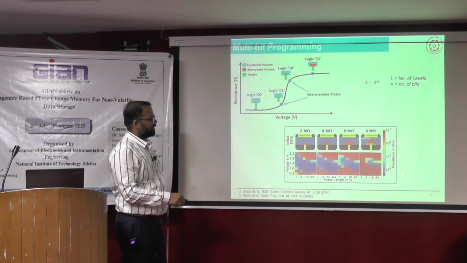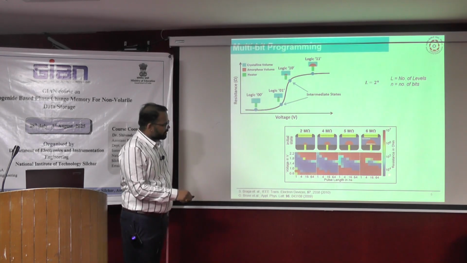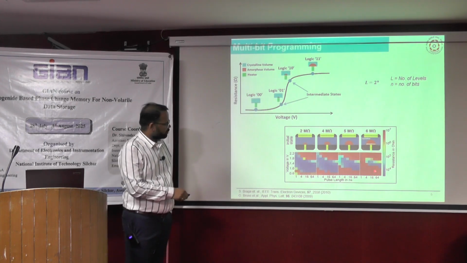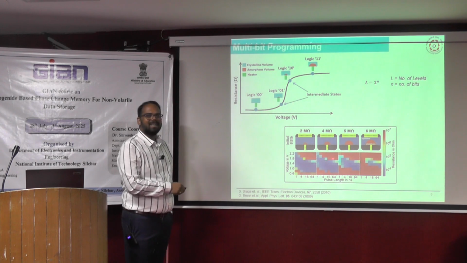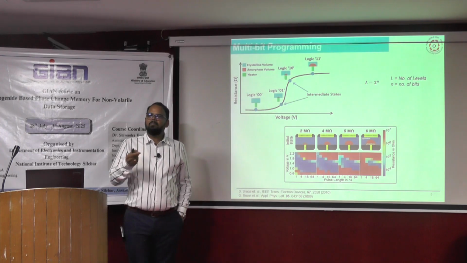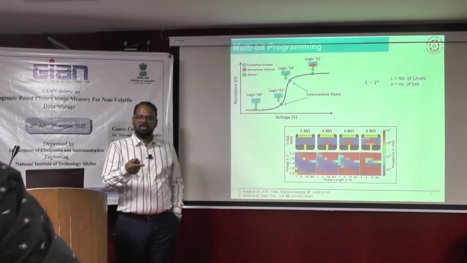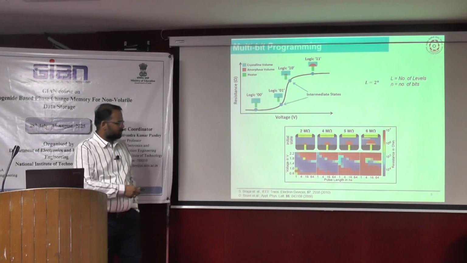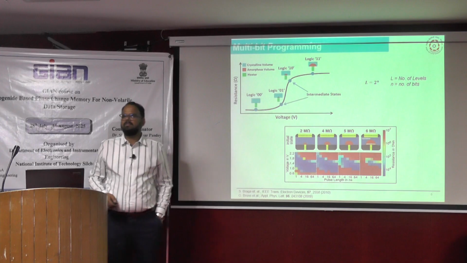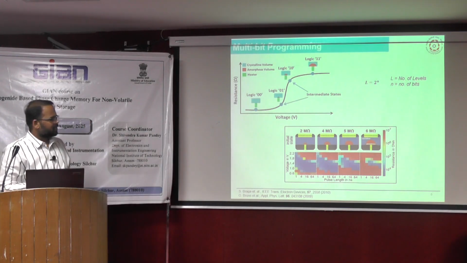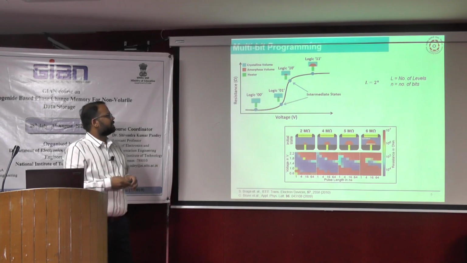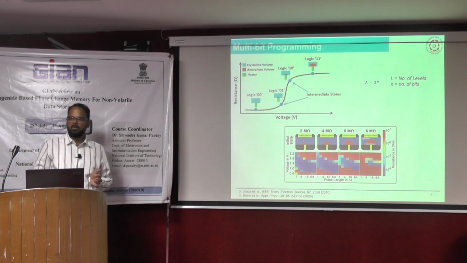This colorful region is the resistance: the blue region means low resistance, and the red one is high resistance. How is it identified? Based on the electrical pulse. I will show you, then you will understand more. This is a scheme by which we can see how multi-level programming works, and you can identify the appropriate region for multi-level storage.